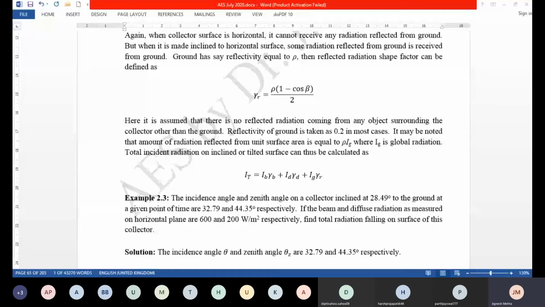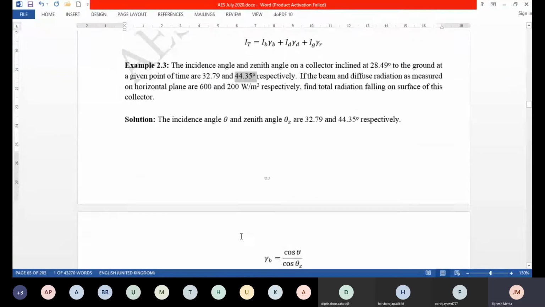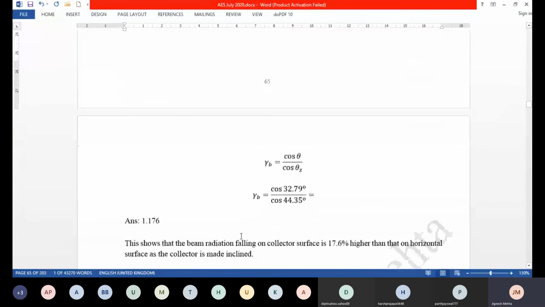Okay, so somebody told 1.17. Let's see how much is the value that you get. Yeah, it seems there was some rounding error. As I have written, it is 1.176. So what does it mean?